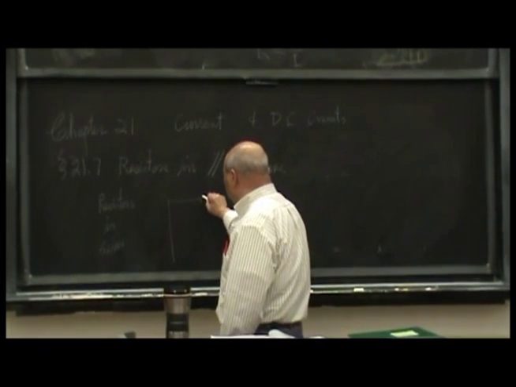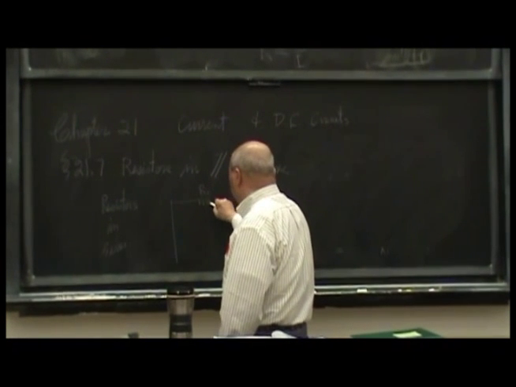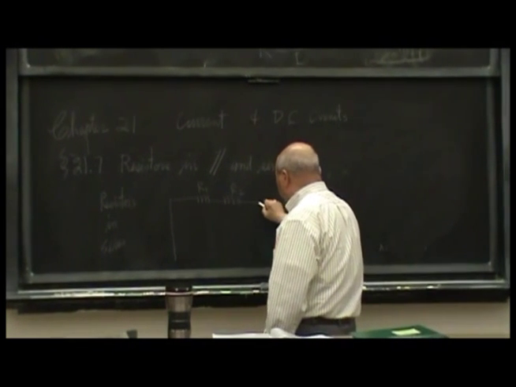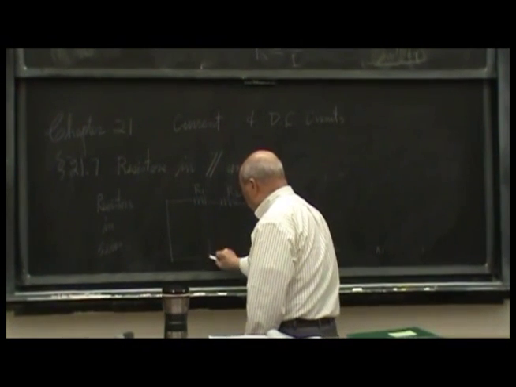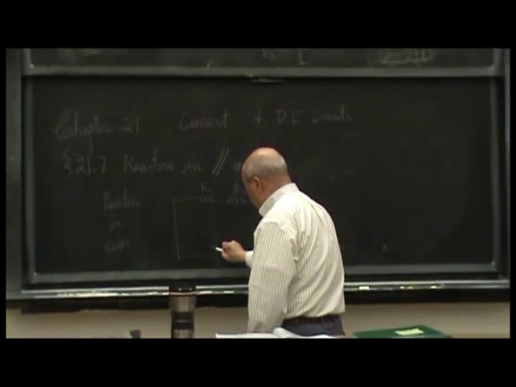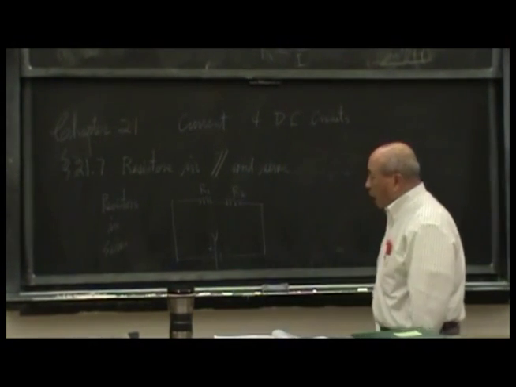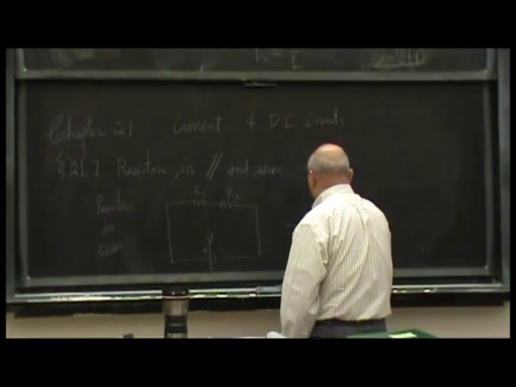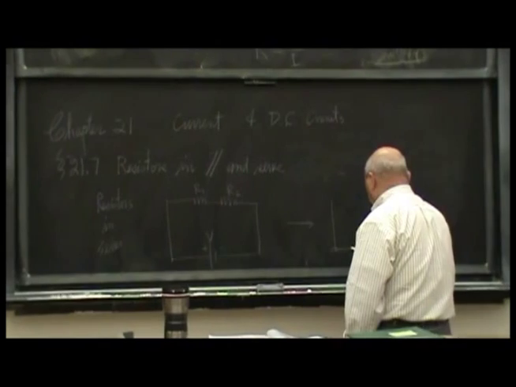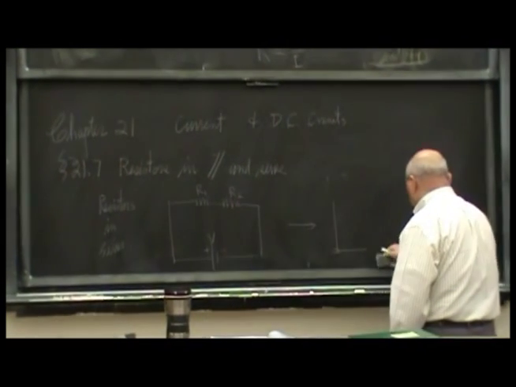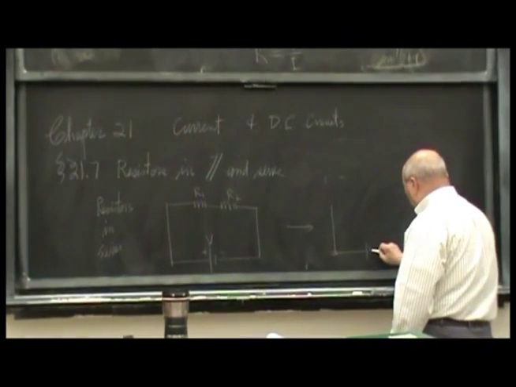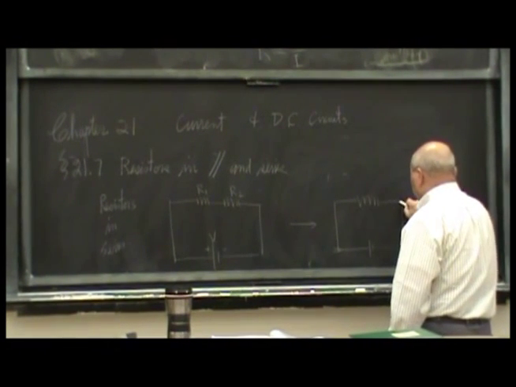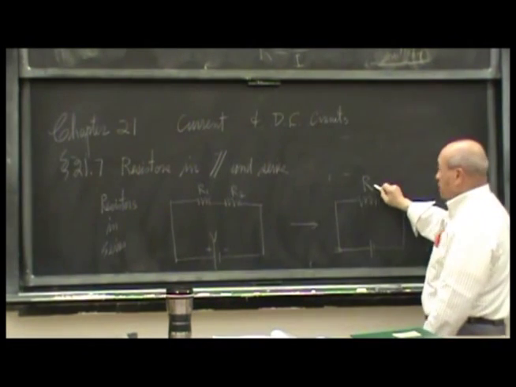Here is one resistor, in this case called R1, and this one is a resistor called R2, and here is the voltage, V. Then we want to find out the equivalent. There are two resistors there. We would like to find one resistor to replace these two resistors. This is called R equivalent.